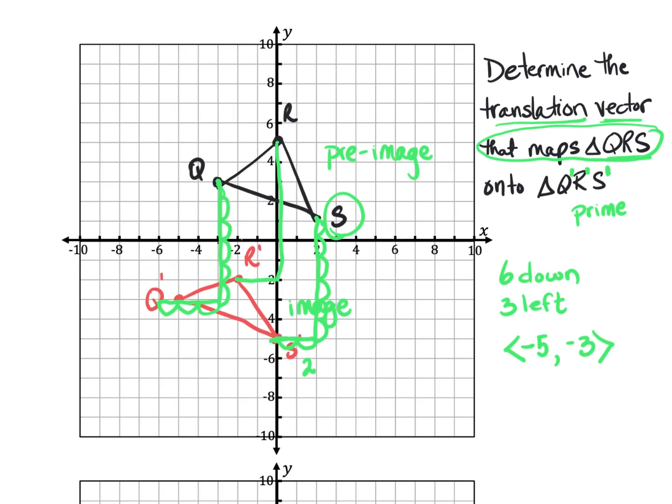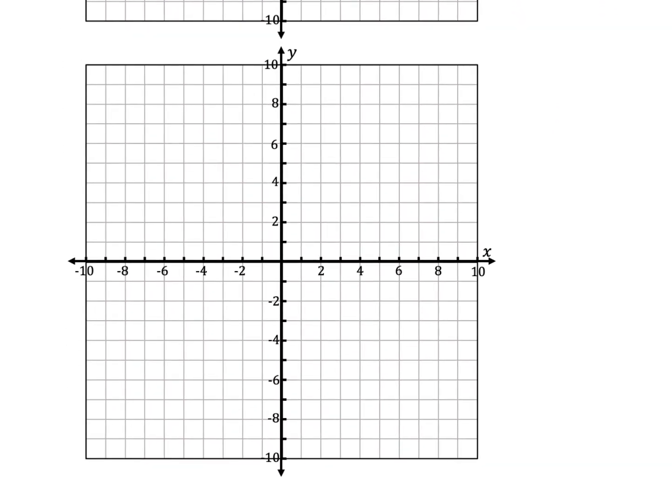Okay, so let's try another one. Here, I'll call this ABC. And another type of question you would see with a translation is you'll be given the vector.